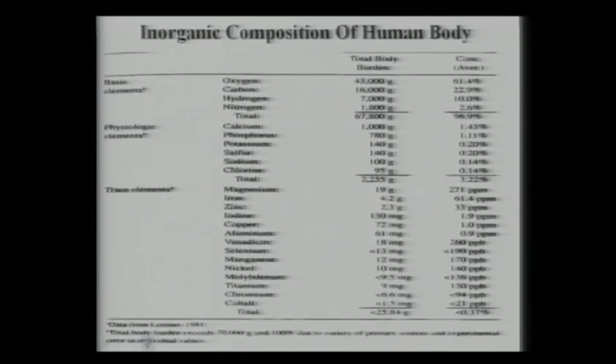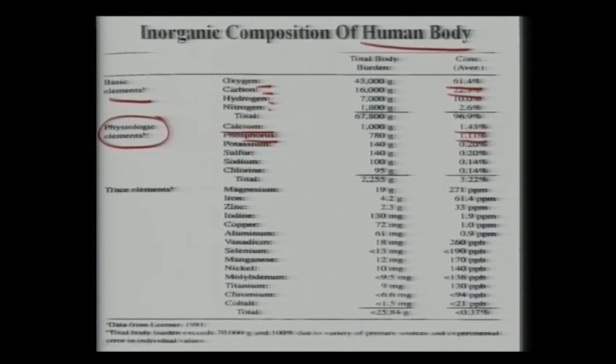Now, before understanding the biological response of materials, it is important to know the inorganic composition of the human body. For example, if you take the basic elements like oxygen, carbon, hydrogen, nitrogen, oxygen is around 61.4%, carbon is 22.9%. Now, coming to the physiologic elements like calcium and phosphorus, calcium is around 1.43% and phosphorus is around 1.11%.